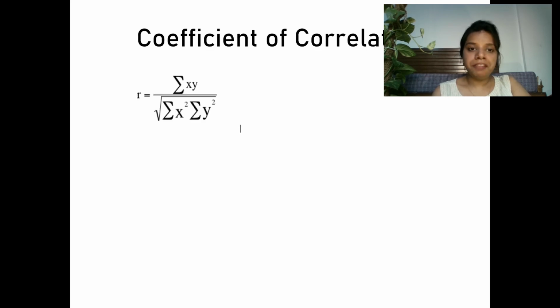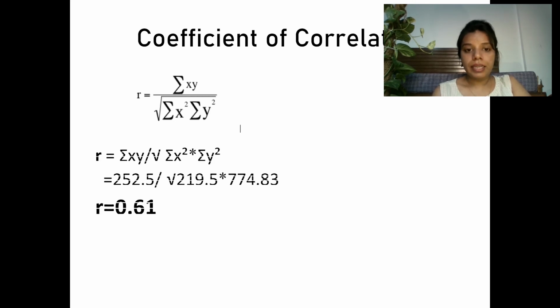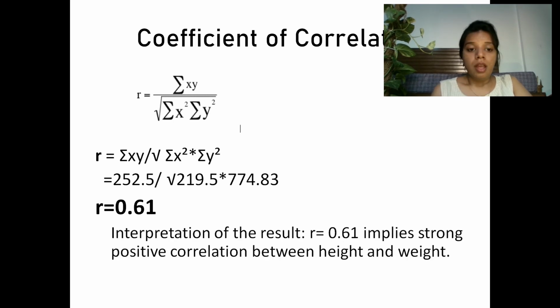In the formula we just put the sum of the product of xy over the square root of sum of x square into sum of y square, right? So I put all the values in this formula and got the result of 0.61, which lies in the strong positive correlation.